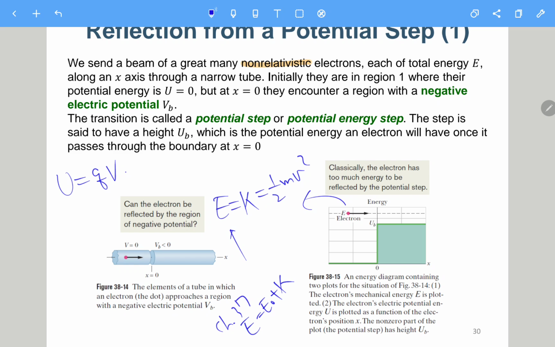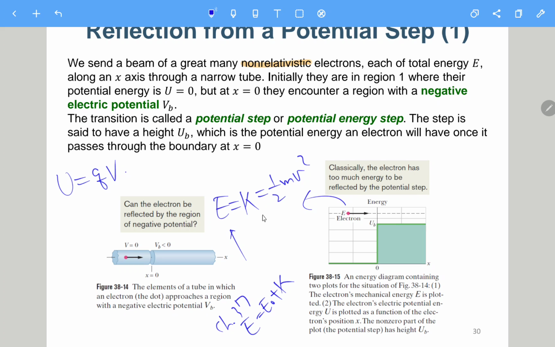K is the relativistic kinetic energy, which is gamma minus 1 times mc squared. But here, we still use the notation E, but it only counts the kinetic energy, or sometimes the sum of the kinetic energy and the potential energy, but not the rest energy, the energy related to the mass of the particle.